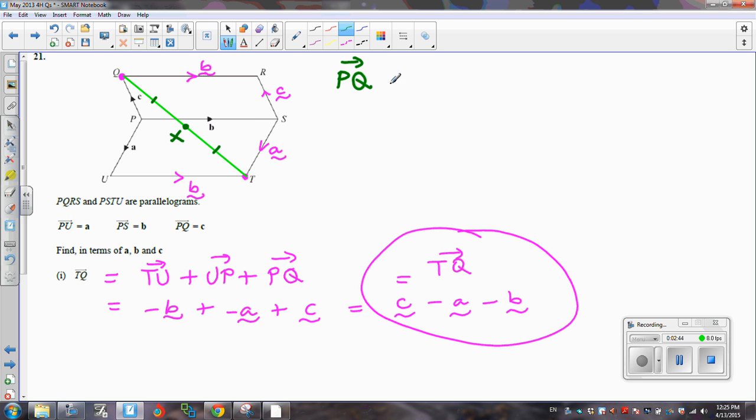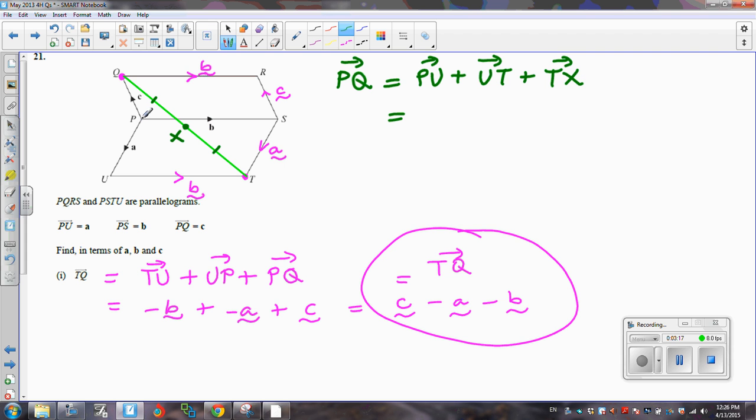So what I'm going to do is go from P to U, and then from U to T, and then I'm going to go from T to X. And the reason I'm going to do that rather than going the other way around is that I've already got TQ. If I've got TQ, it's easier to go TX than it is to go QX.